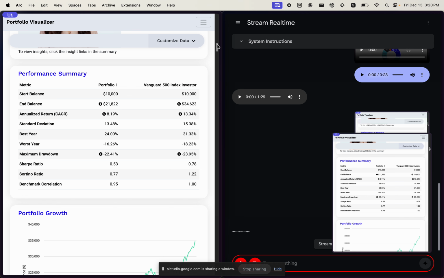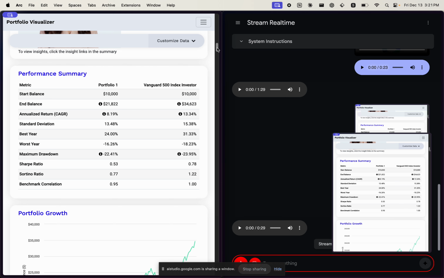It looks at the return relative to the total risk of a portfolio. The Sortino ratio focuses specifically on downside risk, and it also favors higher values. When evaluating the Sharpe and Sortino ratios of Portfolio 1, it is important to compare those numbers with those from the Vanguard 500 Index Investor, where in both cases they are higher.